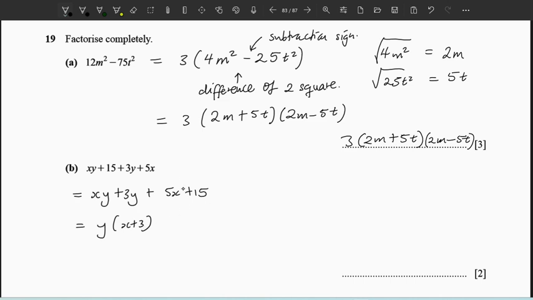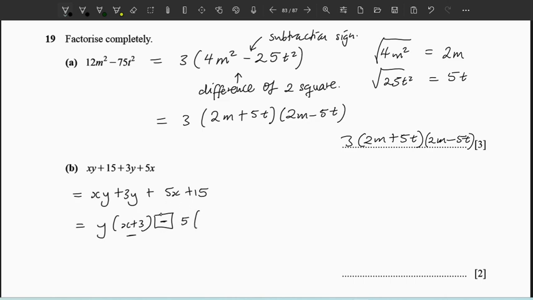Now we need to create a bracket that is identical to this one. I would advise that every time when you're factorizing 4 term expressions, you leave a box. This box is for a sign. Normally I start by putting a minus sign so that if it's going to be a plus, then I'm able to change that sign. So what's common there is 5.